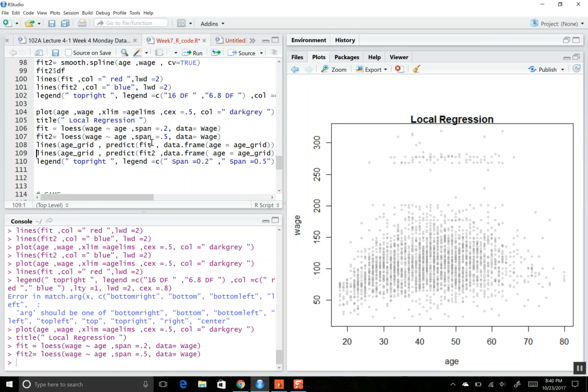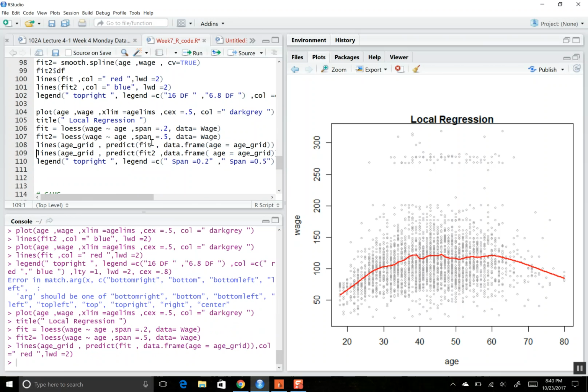wiggly it is. So span 0.2 means use a small window to average the values, so you're going to have more wiggle. When you increase it to span 0.5, it says use a wider window of values.